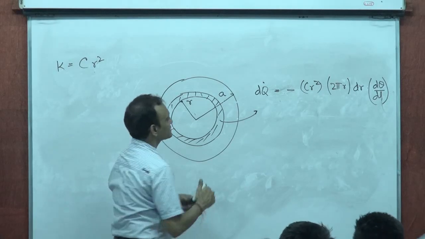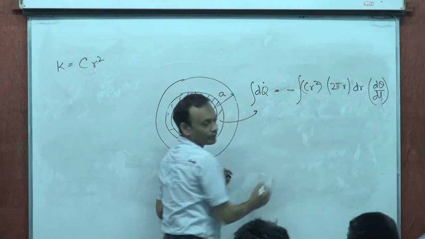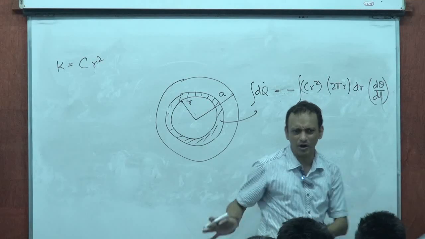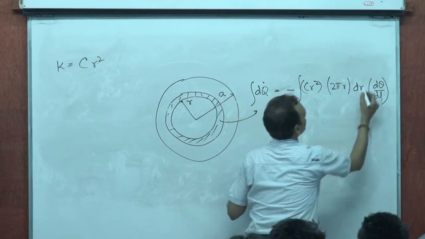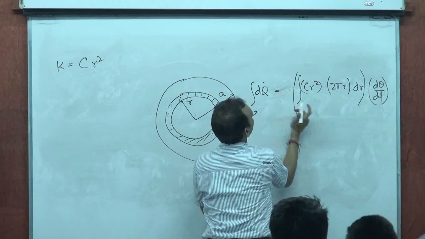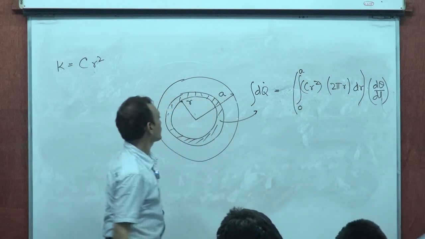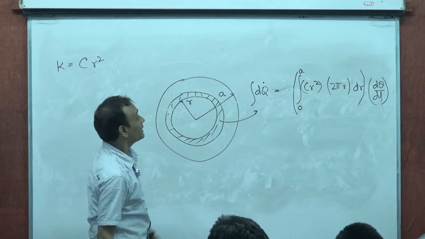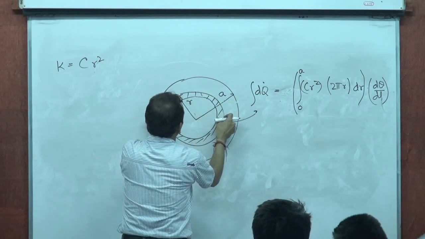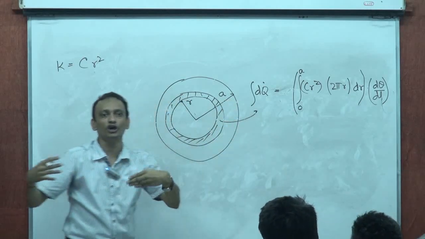Now when I integrate this, d theta dl, the temperature gradient, will come out of the integral sign, r varies from 0 to, let's say, A. And the sum of all the dq dots, in any given cross section, dq dot through this, dq dot through this, that will give me the total heat current through the cross section.